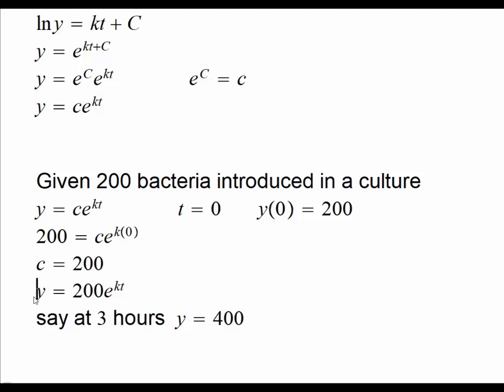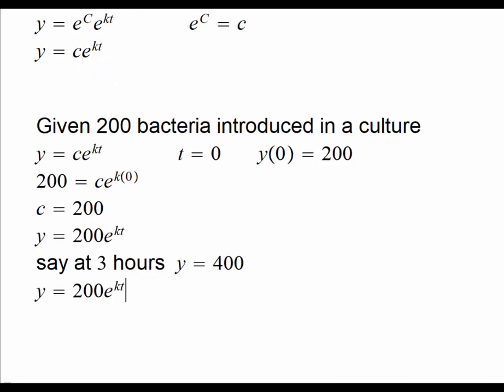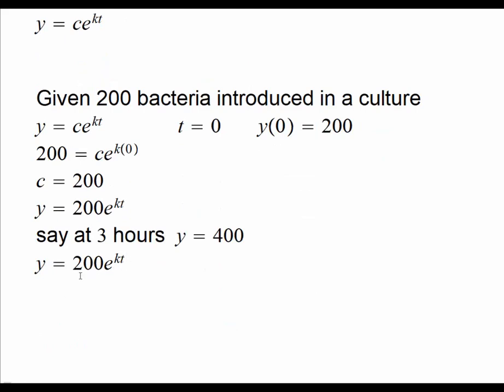So we have y equals 200 times e to the kt. We can write 400 for y, for t equals 3, and now we can solve for k, which will be the growth rate.